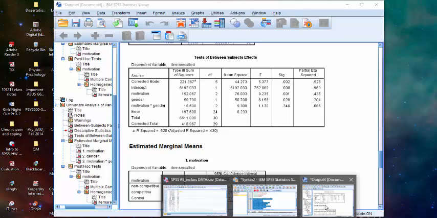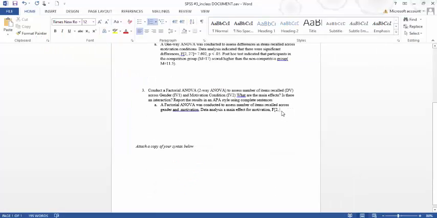So now it's different because of the presence of the interaction term. Degrees of freedom error is 24. Close bracket. And our F value for motivation was 9.235. And our P was significant. So P was less than 0.05.